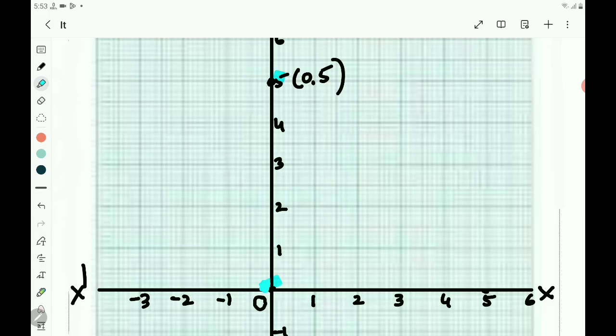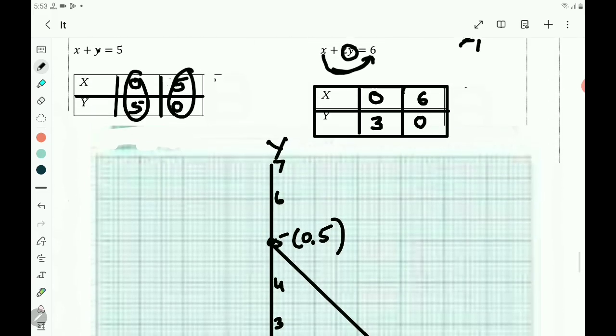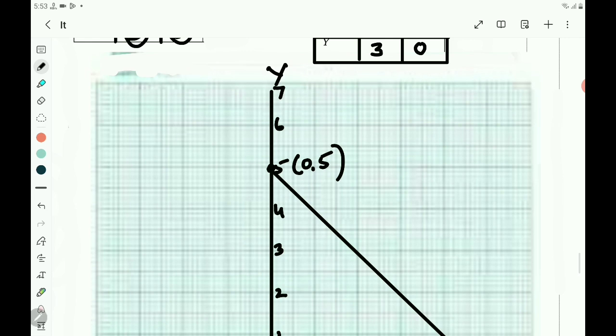If y is 0 and x is having a number means that lies on the x-axis. So join them. So you got the line, first line, that is x plus y equals 5. This is the line x plus y equals 5.